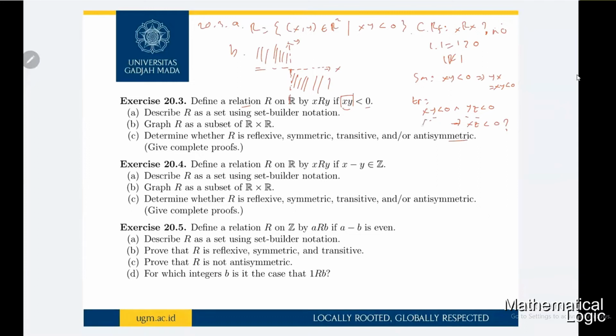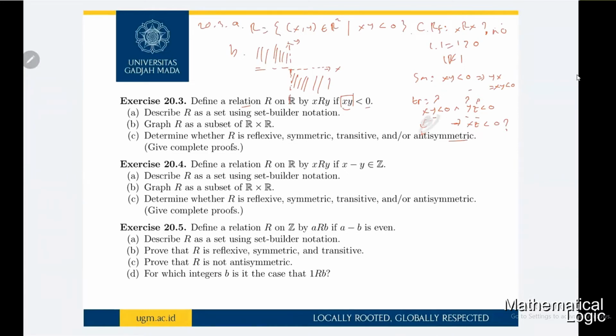For example, when x is positive, y should be negative, and y negative, z should be positive, right? So x and z are both positive. That's the same when x is negative.